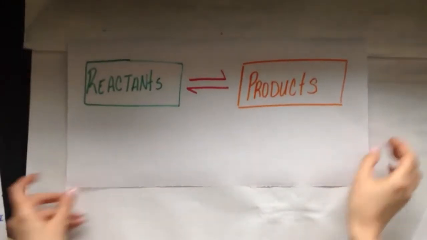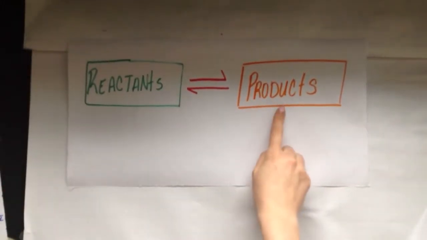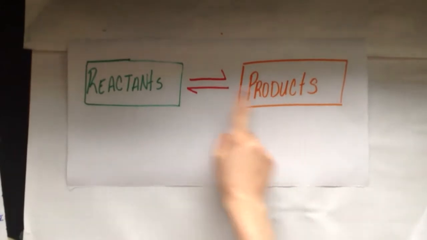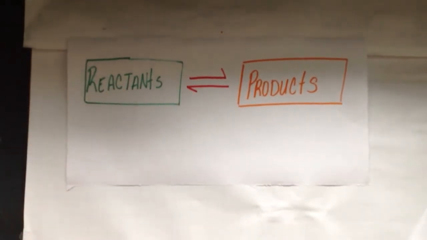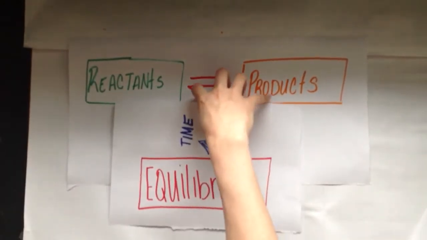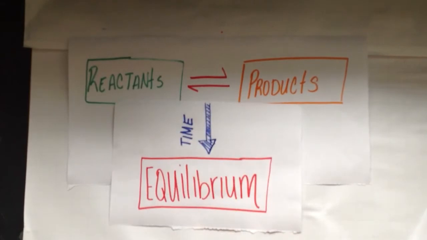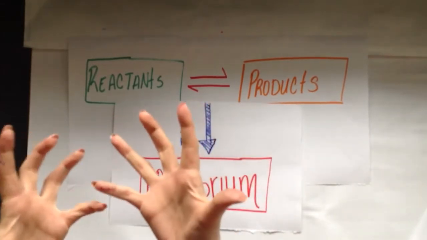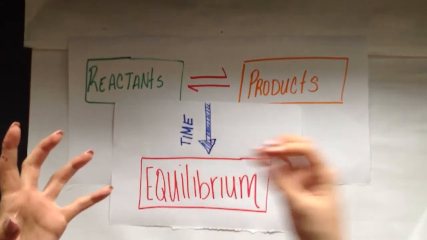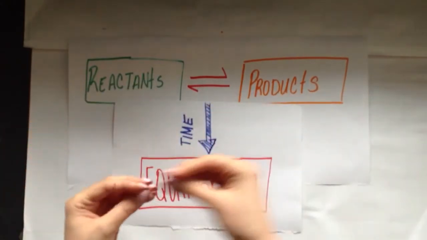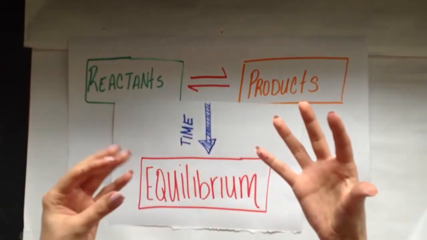So, just to quickly go back to this picture, when the rate of the products being formed equals the rate at which the reactants are being formed, you've reached equilibrium. Well, this takes a little bit of time, because in the beginning you have a lot of reactants, but eventually they're being used to make the products. So this kind of dwindles.